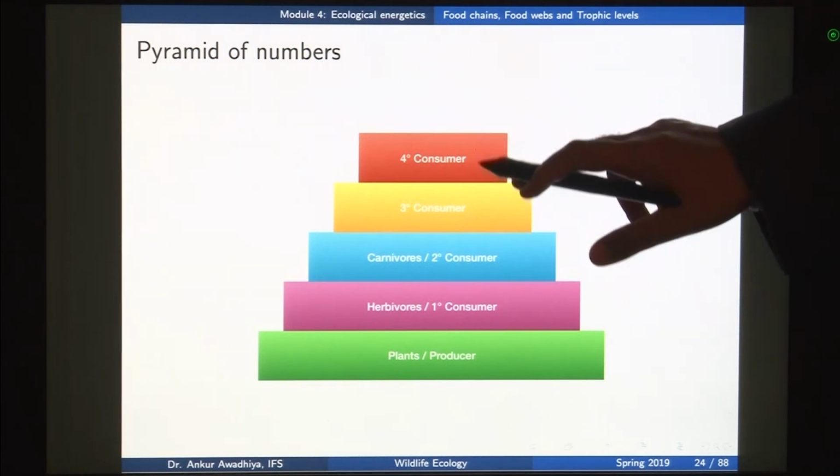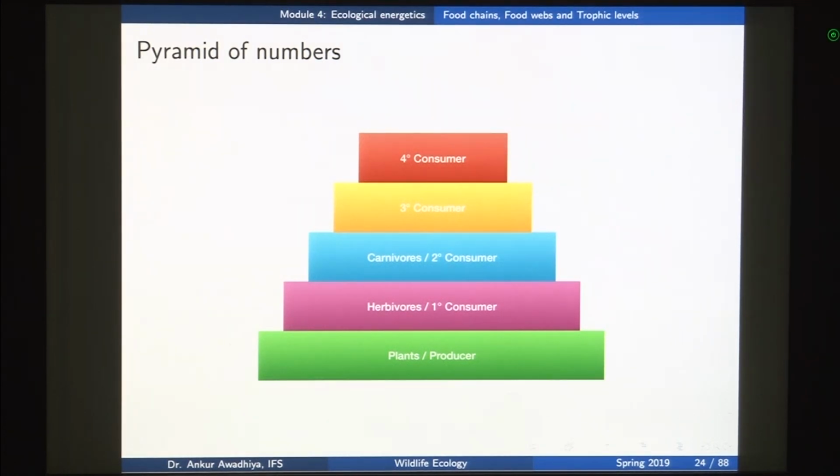So, as we move down, the size increases. The number of grasses might even go up into millions. So, as we move up a pyramid, the number decreases, and as we move down, the number increases. You have a larger base and a narrower top. This is something that is intuitively expected.